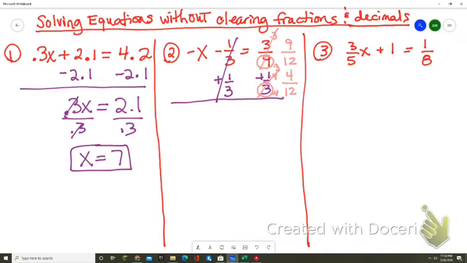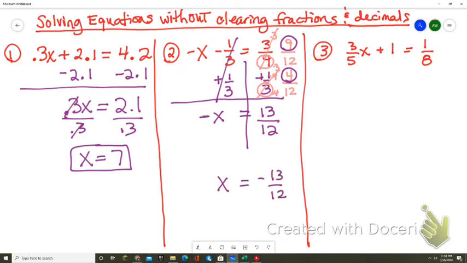So now we have negative x on the left side of our equal sign equals, when we're adding fractions, we're going to add the numerators. So 9 plus 4 is 13, and the denominator stays 12. Now, if negative x equals positive 13/12, then that means positive x equals negative 13/12.